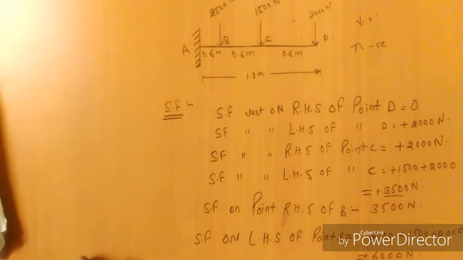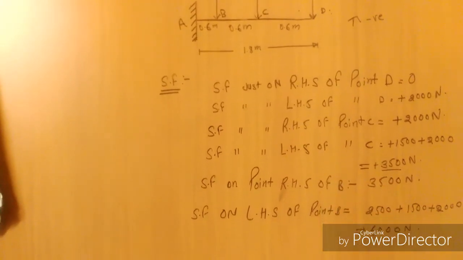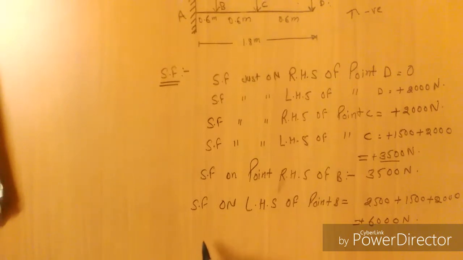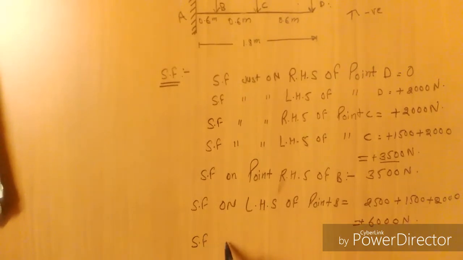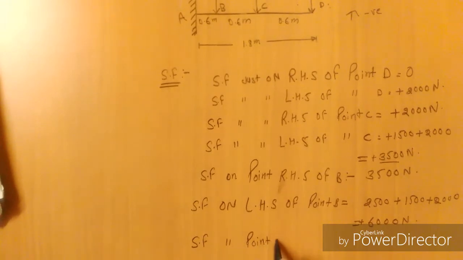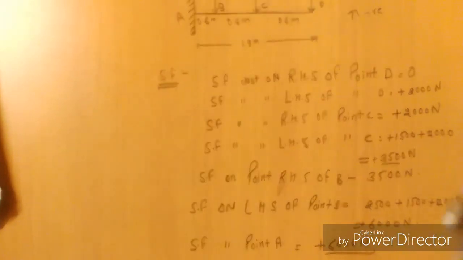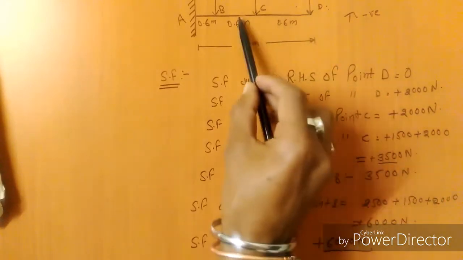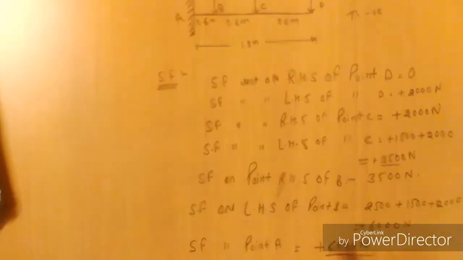After that, shear force on point A is 6000 Newton. Okay, clear. This is the shear force for the particular points A, B, C, D.